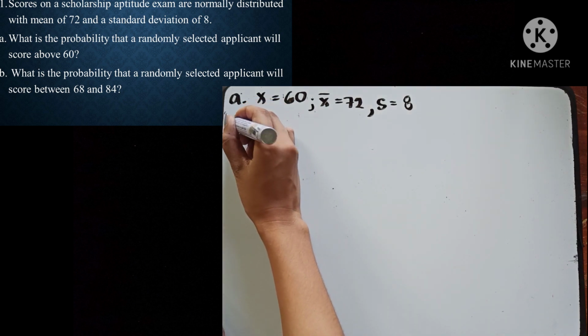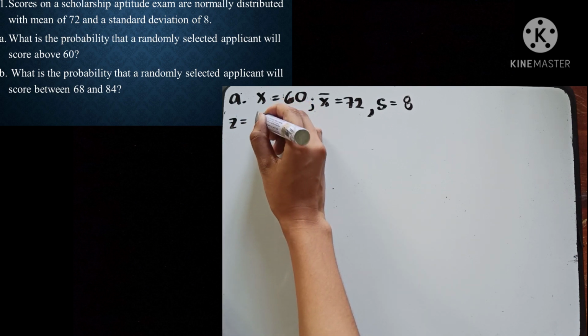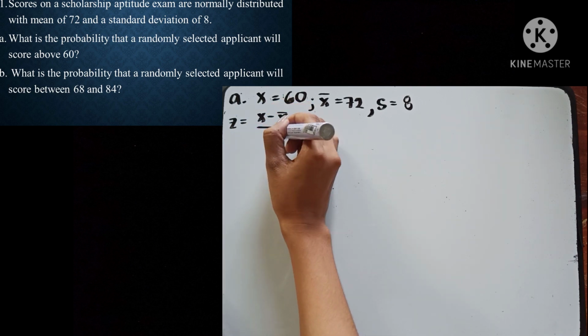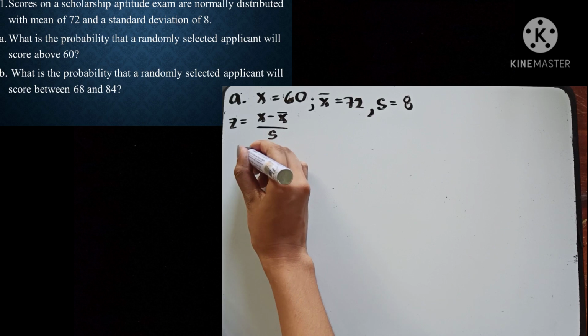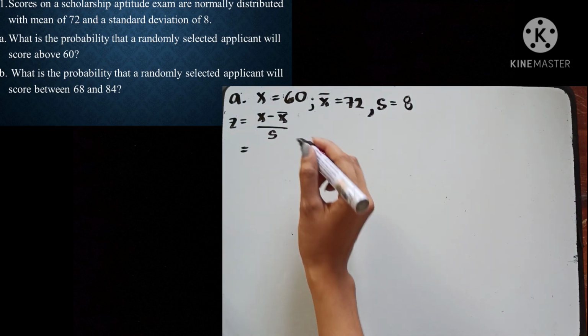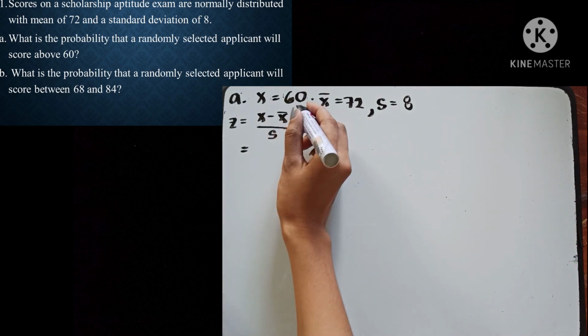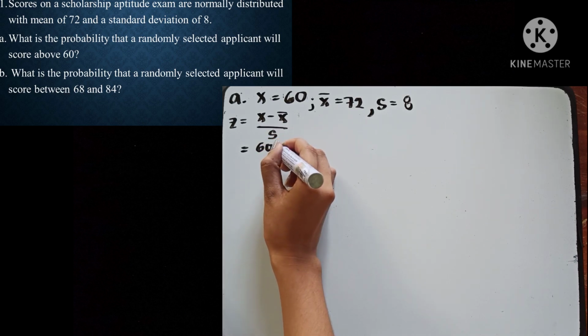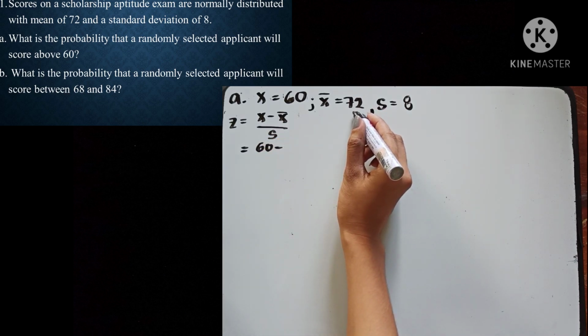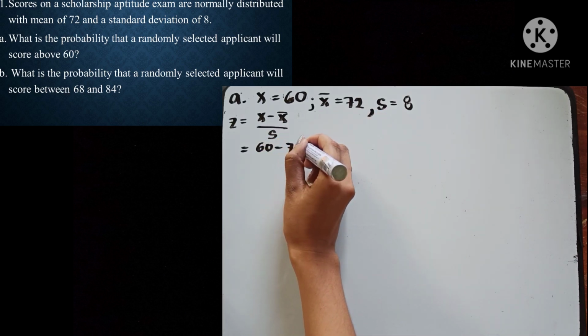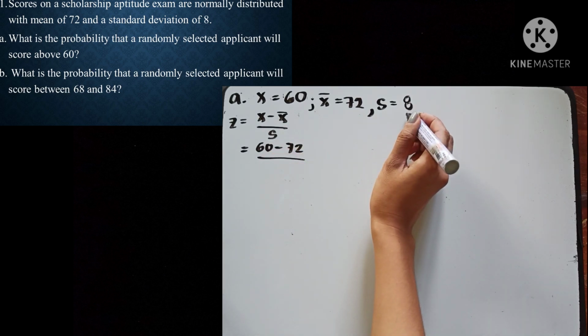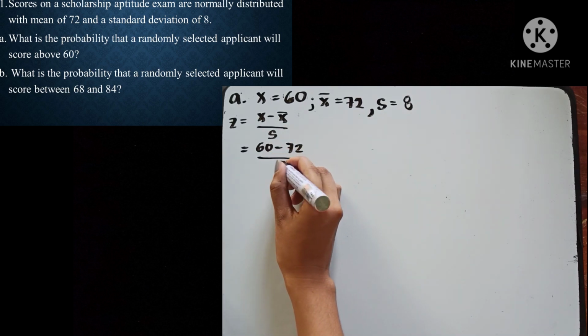So, z-score natin, z is equal to, formula natin, x minus x bar over s. So, substitute lang po natin ang ating given. X natin is 60 minus sample mean natin which is 72 over ang standard deviation natin which is 8.